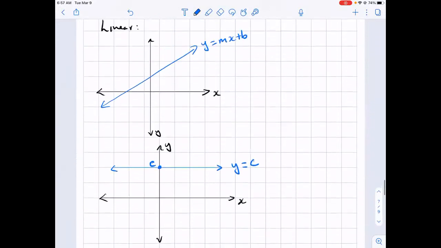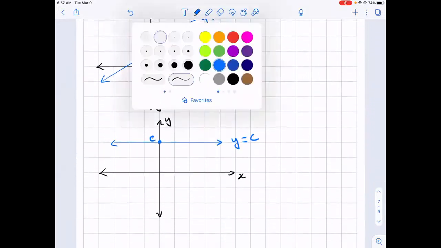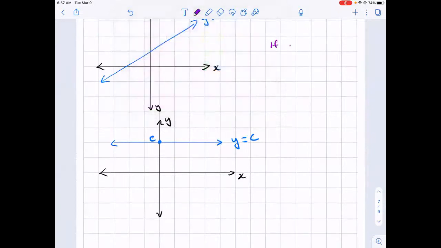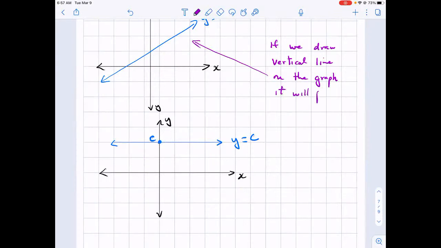So you will notice that if we draw vertical lines on the graph, this graph here will pass the test.